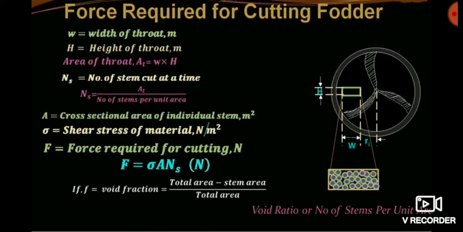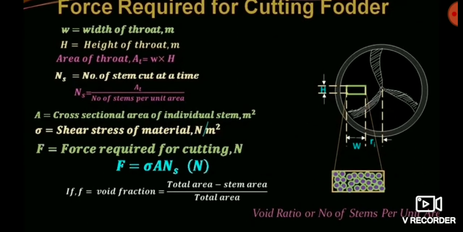Here also you have to calculate the volume of voids, which is total volume minus volume of stream. There you are writing in terms of volume, but here it is given in terms of area, so you have to take care that in terms of area also you can calculate the void fraction, that is, total area minus stream area divided by total area.